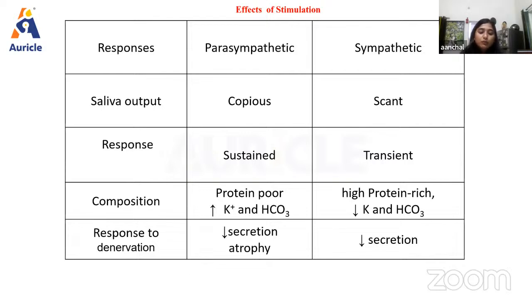Next, we have the stimulation of sympathetic nerve. Stimulation of sympathetic nerve supply causes secretion of a small amount of saliva that is rich in organic constituents and mucus from the submandibular and sublingual salivary glands, because probably sympathetic fibers innervate the serous cells of these glands and have no effect on the parotid gland.